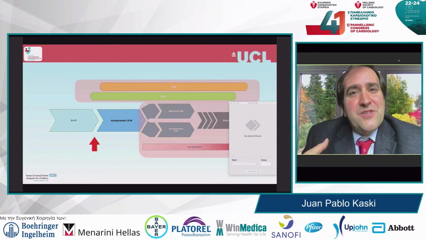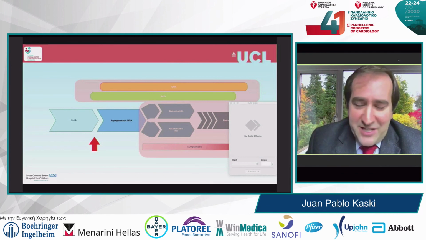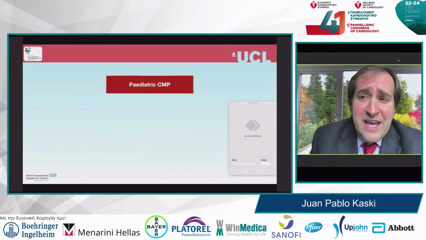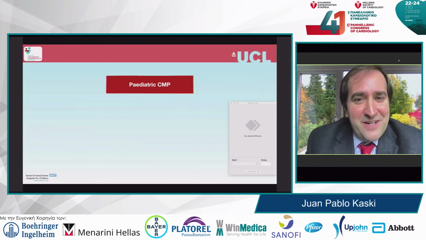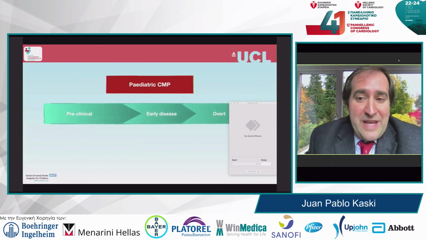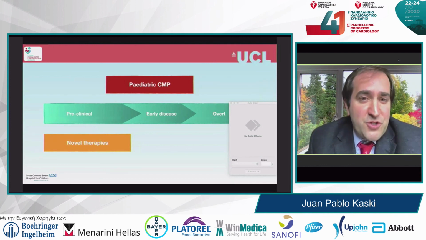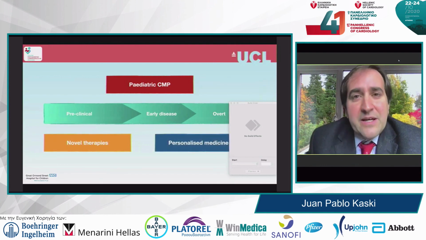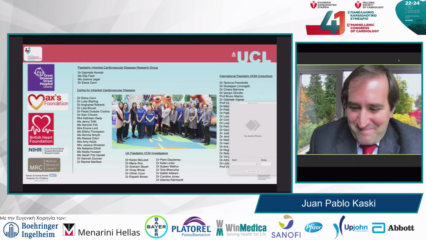We have populations of mutation carriers with very minimal phenotypes, unencumbered by other comorbidities such as hypertension and diabetes. And so I think for me, in a very biased way, the future in pediatric cardiomyopathies is actually very bright. We have this whole disease pathway available to us to investigate and to intervene on. And I think this brings about opportunities for novel therapies and for truly personalized medicine. So thank you very much for listening, and I'm happy to take questions if there are any. Thank you.